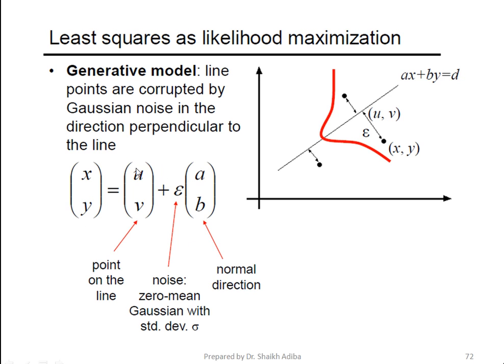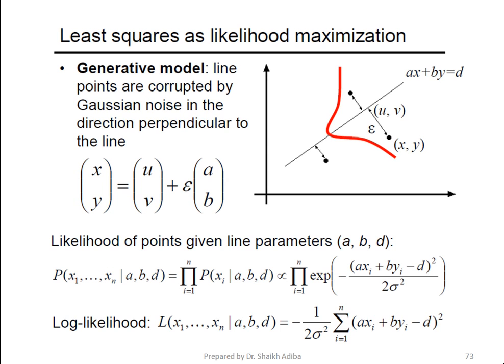So we are introducing this Gaussian noise into the equation, which is given by (x, y) = (u, v), that is the point on the line, plus e times (a, b). This (a, b) is the normal direction here. We can say the line equation is given by ax + by = d. Now the likelihood of the points given line parameters a, b and d is given by this equation.